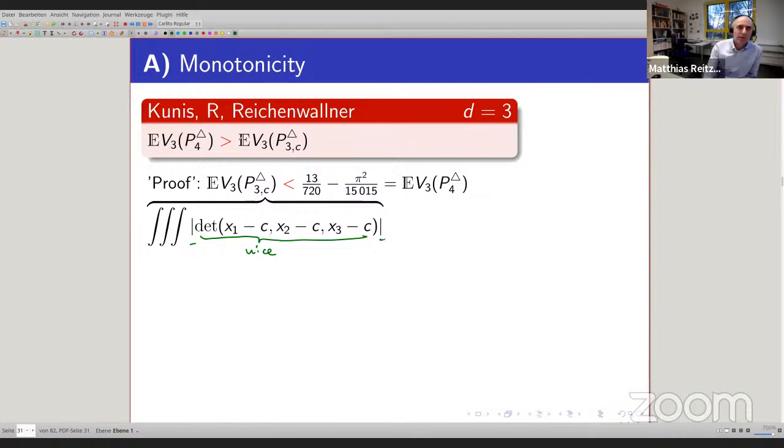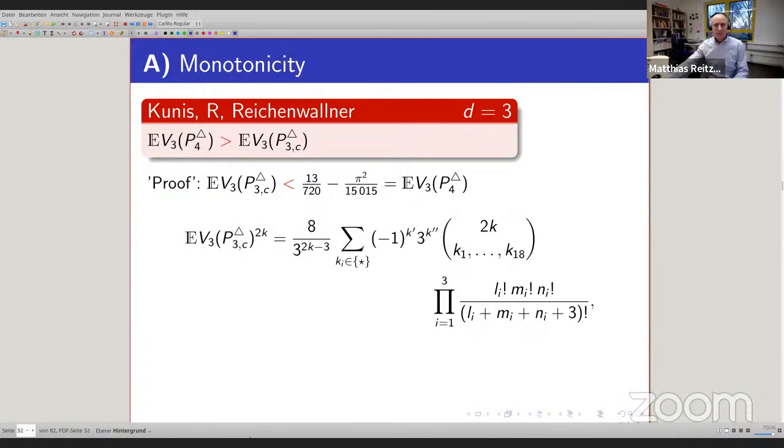To get rid of this absolute value, what we do is we just take an even power. Because if we take an even power, this would be simple. Then the absolute value just vanishes. And then you have a nice polynomial, you take the square or fourth power of that, then you integrate it. This can be done using software programs. So we can do all even powers, but the power 1, that's impossible. We cannot do that.